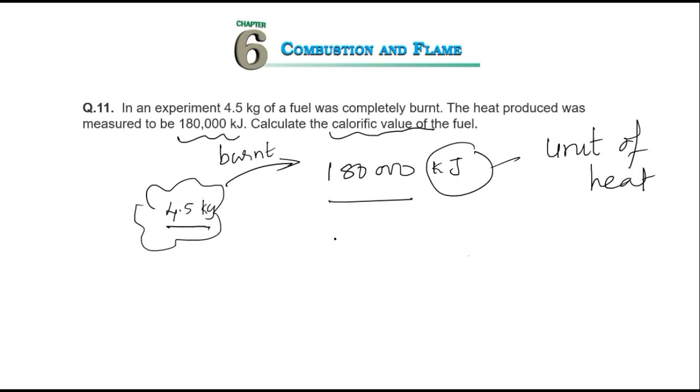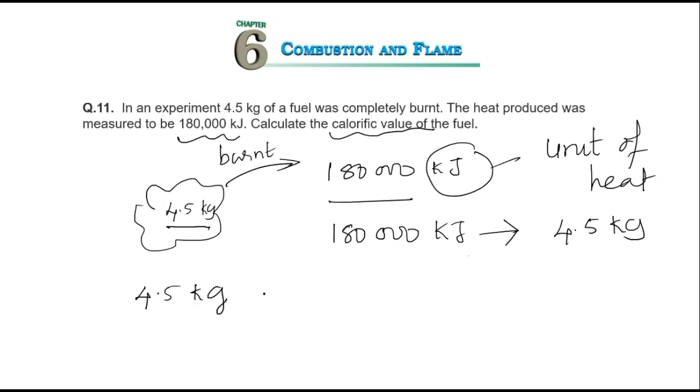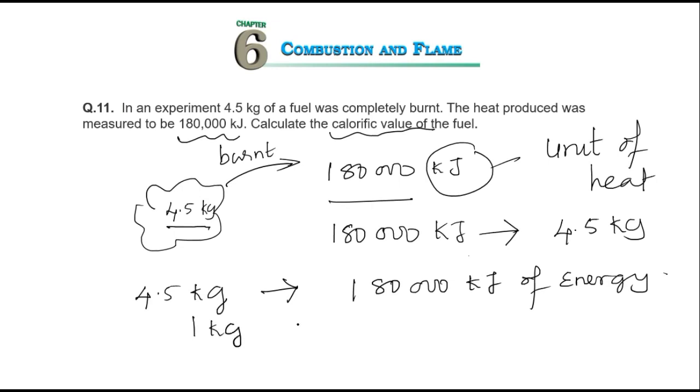Now 1,80,000 kilojoules of energy is given out for how many kg? 4.5 kg. So we can write here: 4.5 kg gives 1,80,000 kilojoules of energy. By definition we have to find out for 1 kg.